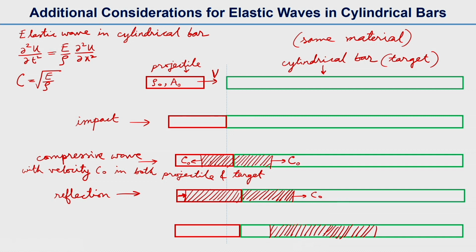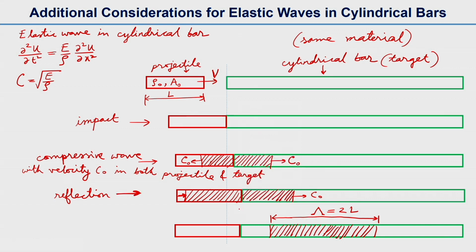The pulse is now only in the target bar, and its length is the wavelength, which can be represented with a capital lambda, and that is equal to twice L, where L is the length of the projectile. Let us try to understand why it is twice L.